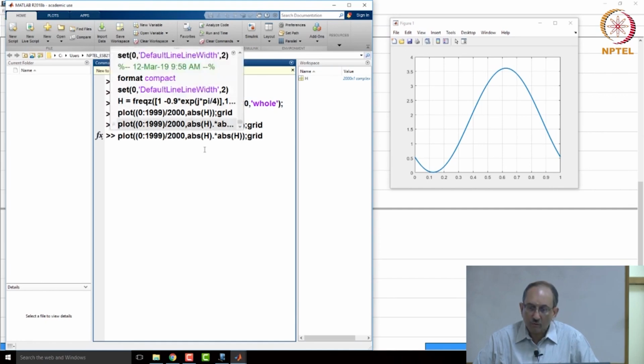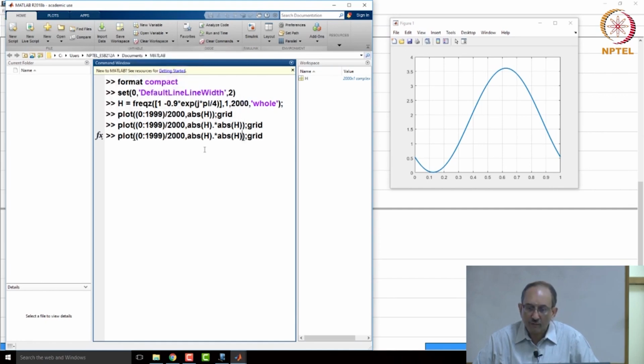Now, what we really want is the log magnitude, and we plot 20 times log 10 of the magnitude response.